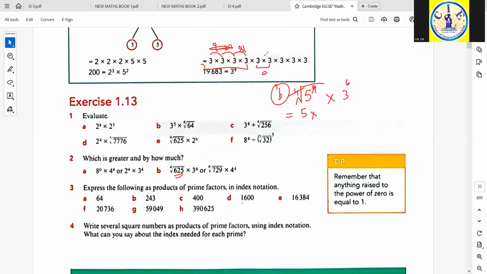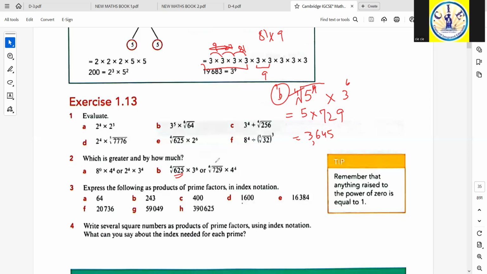3 threes are 9. So 81 times 9 is actually 3 raised to power 6, which is 729. 729 times 5 is 3645.